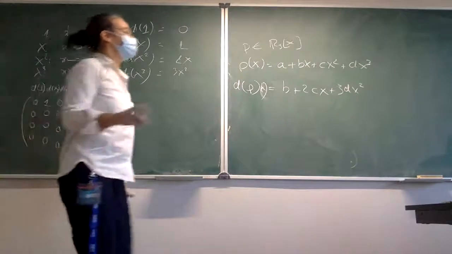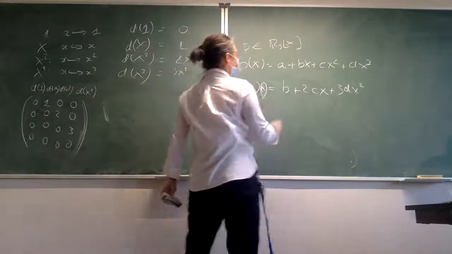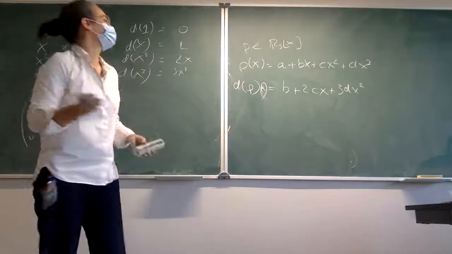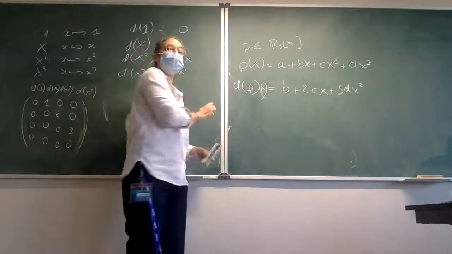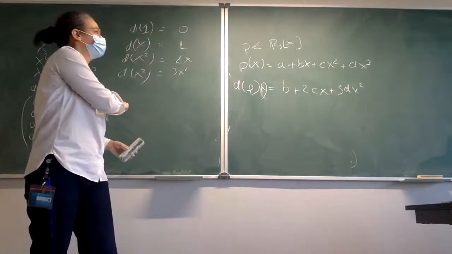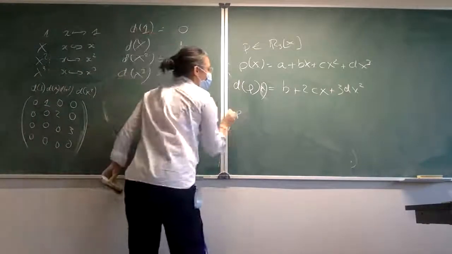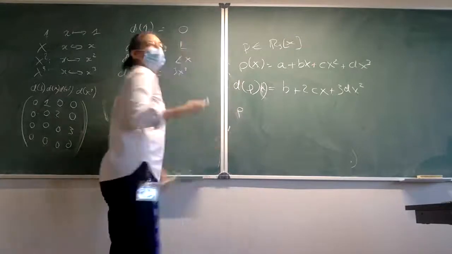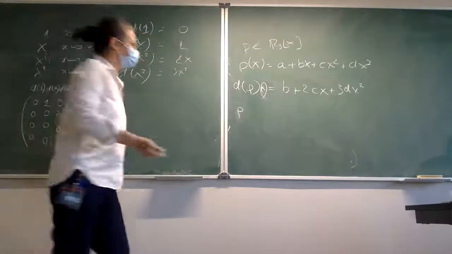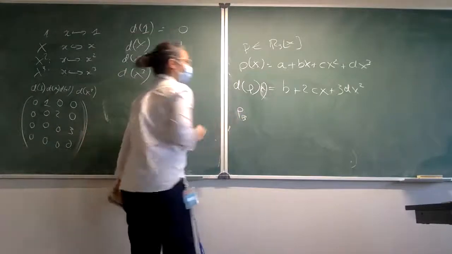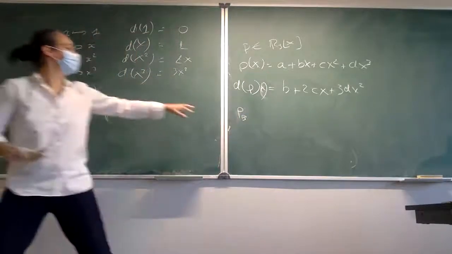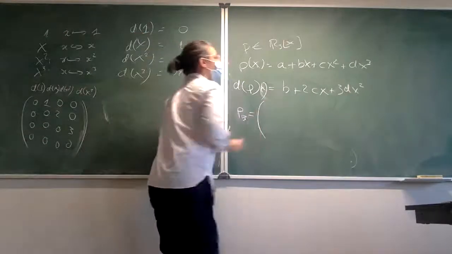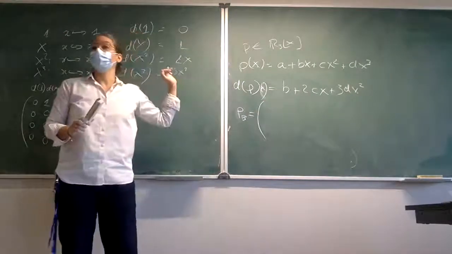But then what we can say is that if you get the vector expressions of this one and this one, you will have the matrix appearing. The vector representation of P, we can use the same letter, but if you want to make a difference, you can say it's P in basis B, the standard basis. What is the vector representation of that?